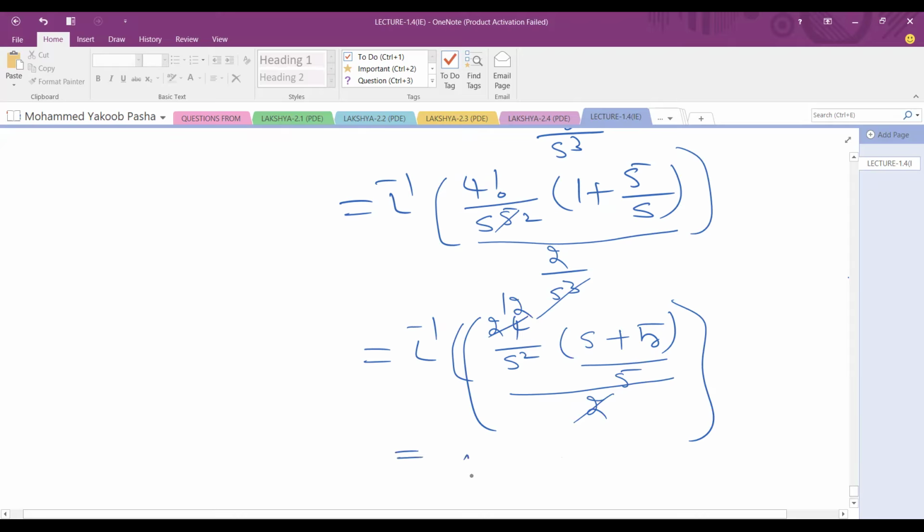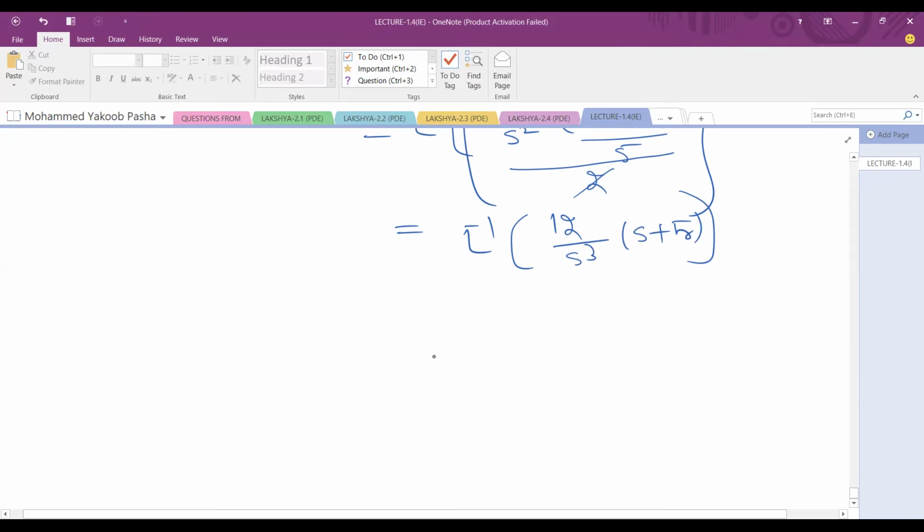So L inverse of 12 by s cube, s plus 5. Let's keep it like this, write one more step, no problem. That is equal to L inverse of 12 by s square, we are multiplying with this, 12 into 5, 60 by s cube.